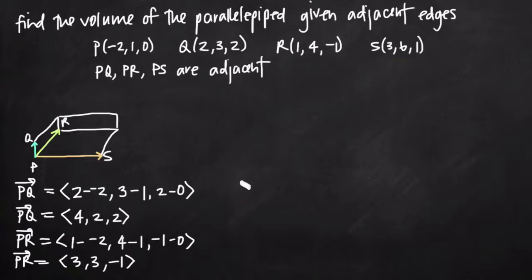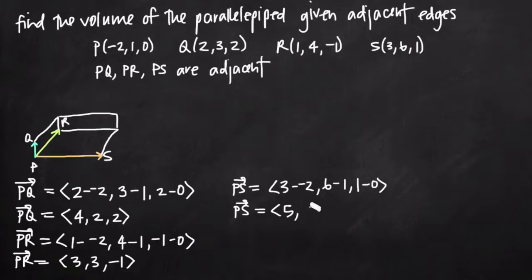To find PS, we'll do the vector PS. We're going to subtract our P components from our S components, so we're going to get 3 minus a negative 2, 6 minus 1, and 1 minus 0. And when we simplify, we'll see that the vector PS is going to be equal to 3 minus a negative 2 is 3 plus 2, or 5, 5, and 1.